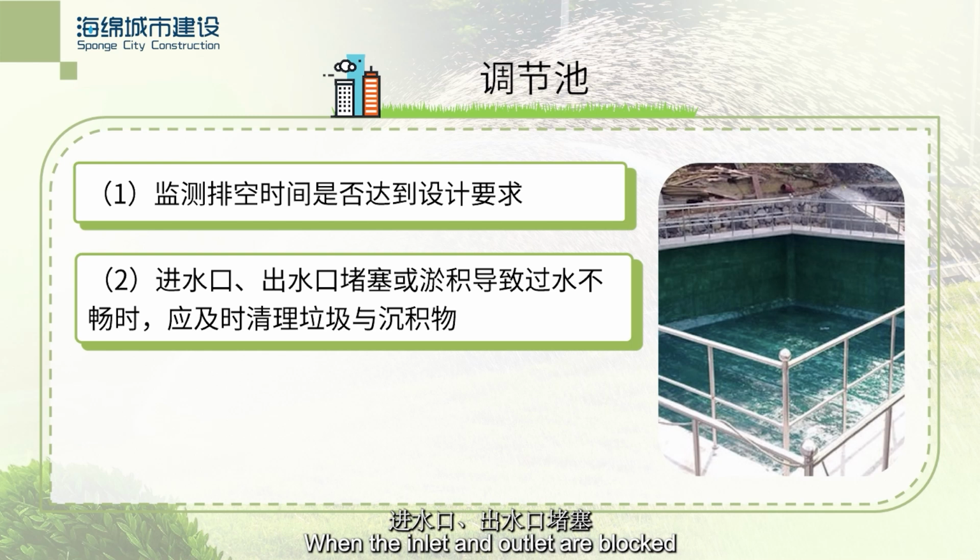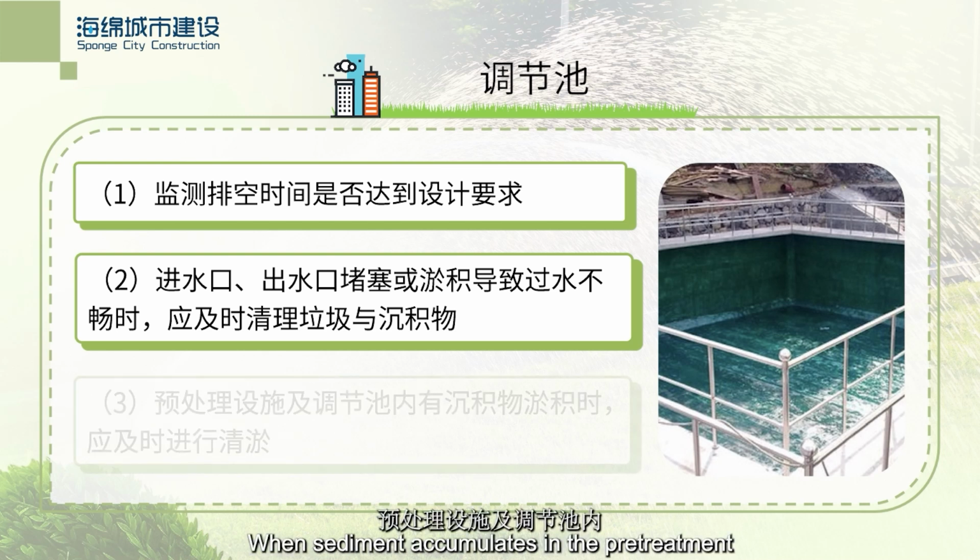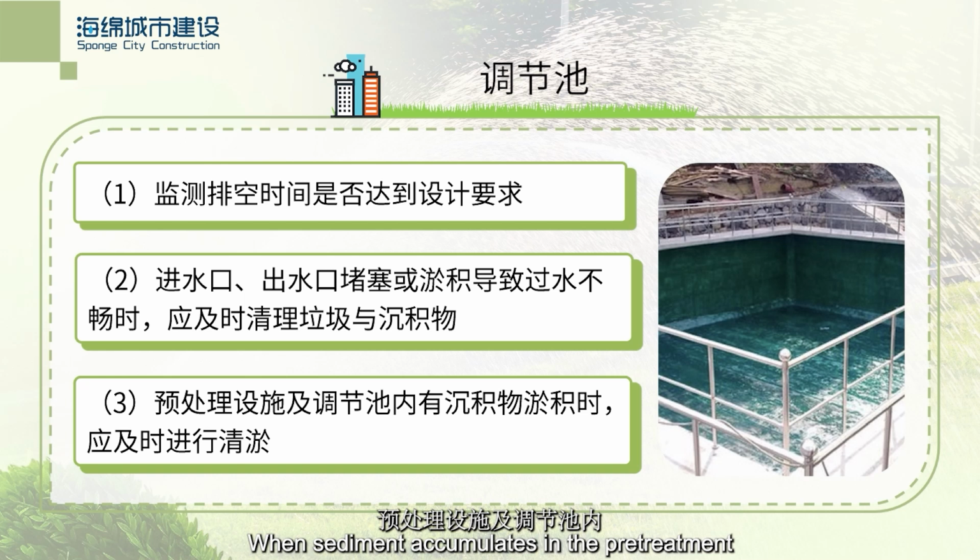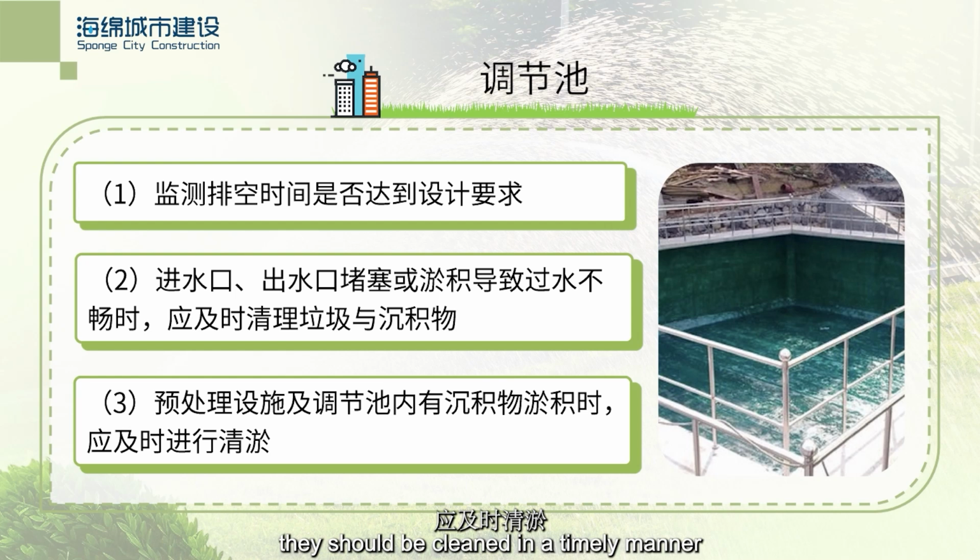When the inlet and outlet are blocked or clogged, causing poor water flow, they should be cleaned of debris and sediment in a timely manner. When sediment accumulates in the pretreatment facilities and retention tank, they should be cleaned in a timely manner.